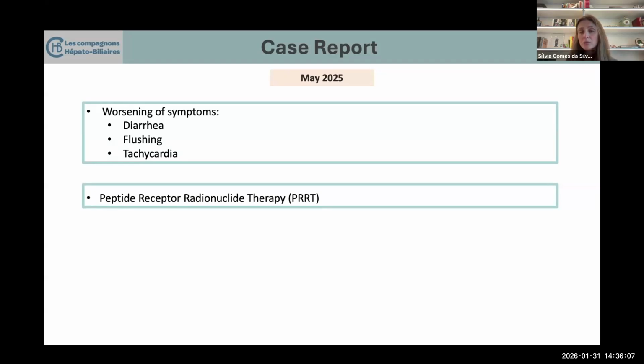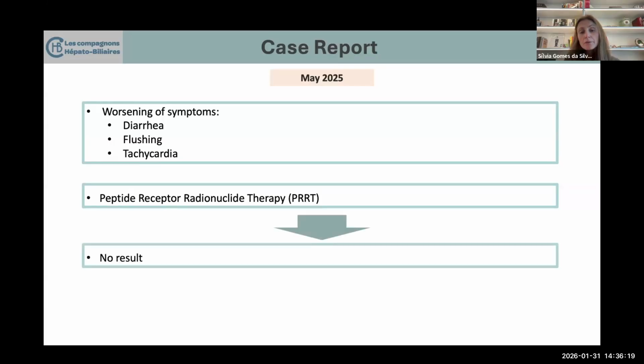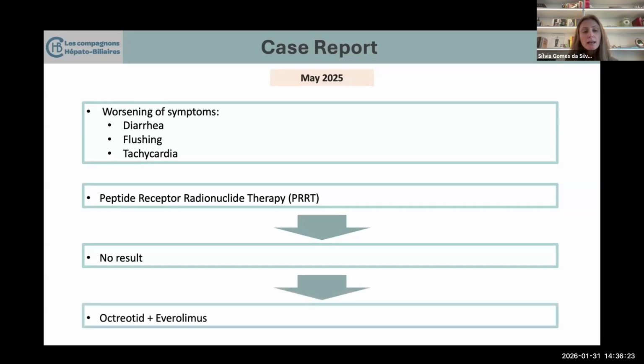At this point, the patient was in his hospital again, and they proposed PRRT, the radionuclide therapy. Unfortunately, no results. And the patient started again octreotide and everolimus to try to control the carcinoid syndrome.